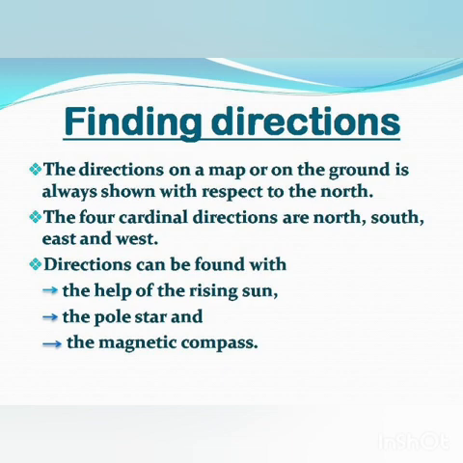Now, the next component is finding directions. The directions on a map or on the ground are always shown with respect to the north direction. There are four cardinal directions which are located on the map. They are north, south, east, and west.